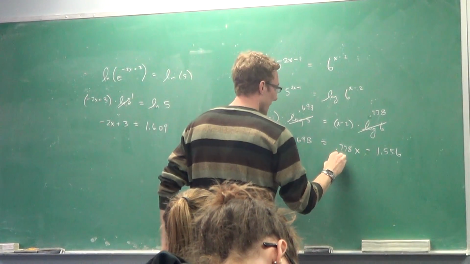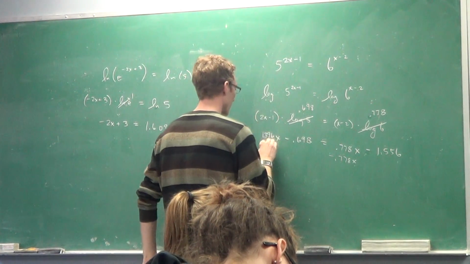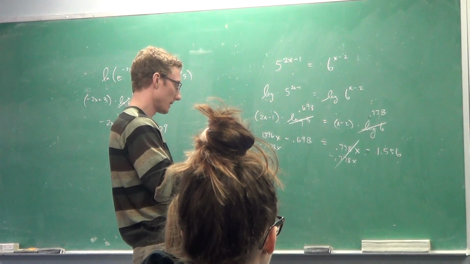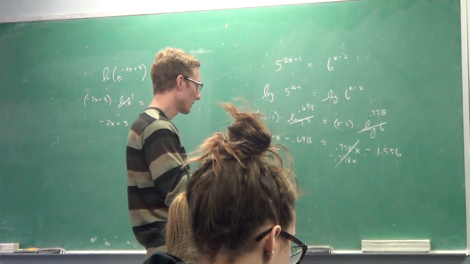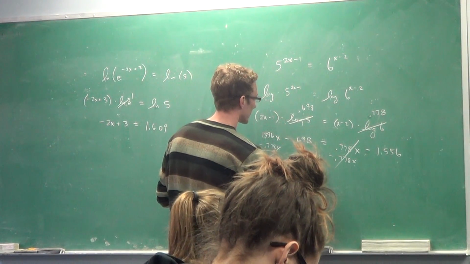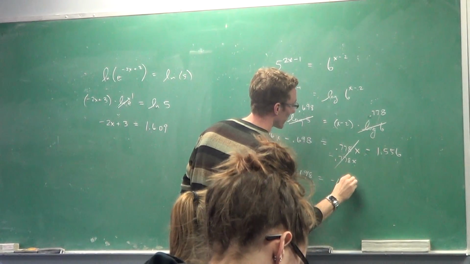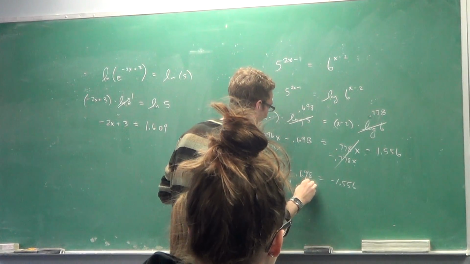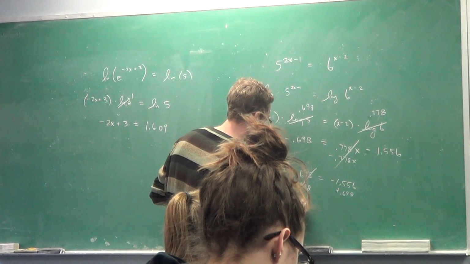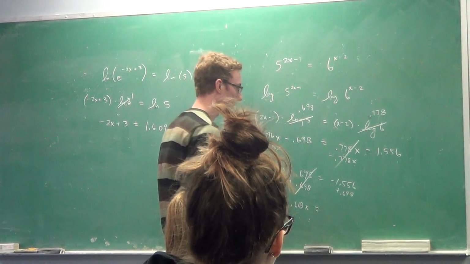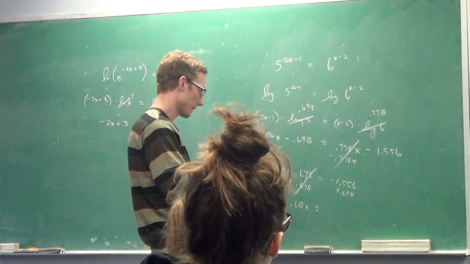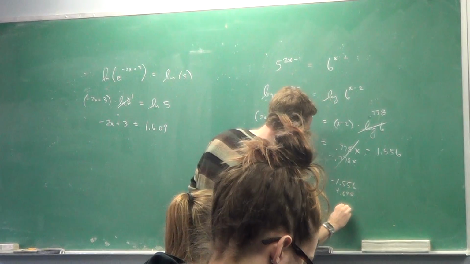What you need to do is subtract 0.778x from both sides. I'll show all the steps just so that you can see it. So when we take away 0.778x, we're left with 0.618x minus 0.698 equals negative 1.556, and then we add 0.698 to both sides, and we get 0.618x equals negative 1.556 plus 0.698, which is negative 0.858.